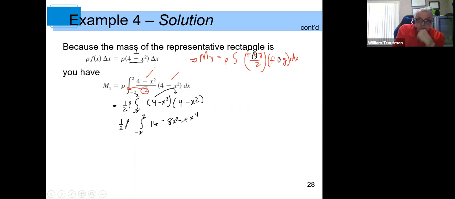Everything looks fine there. 16x minus 8x cubed over 3 plus x to the 5th over 5, add 1 and bring it down. So this is what I end up with, from -2 to 2, and we have a 1/2 p in front.